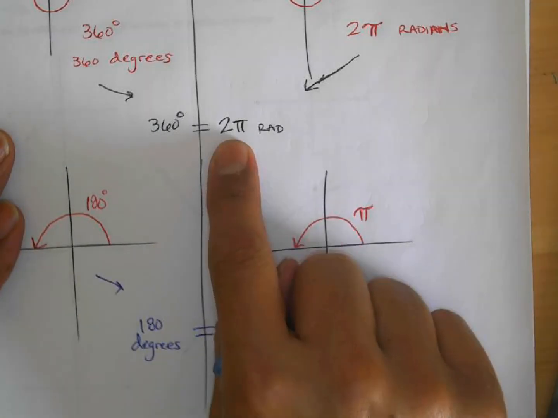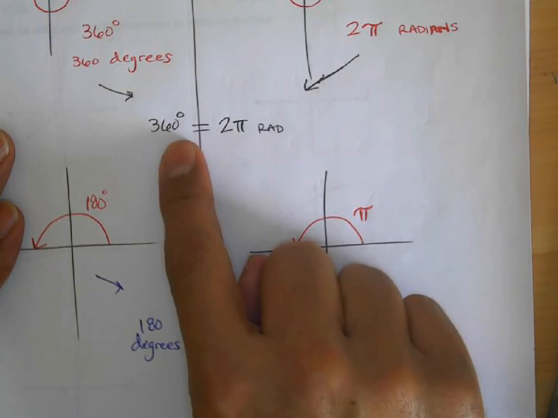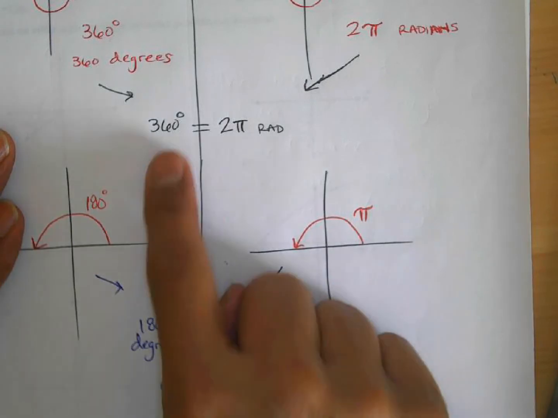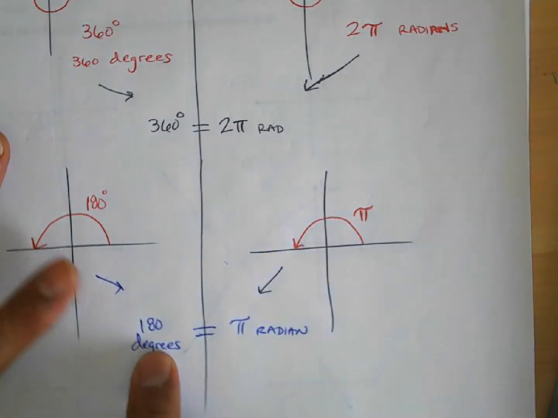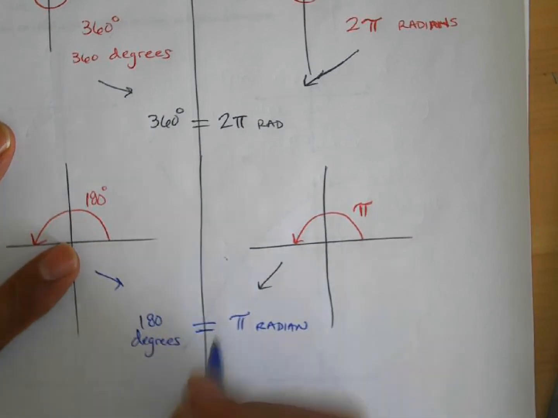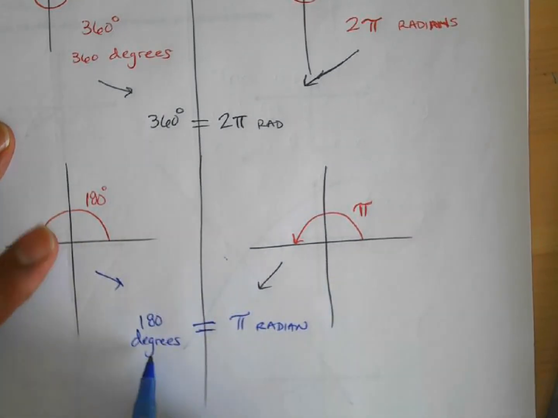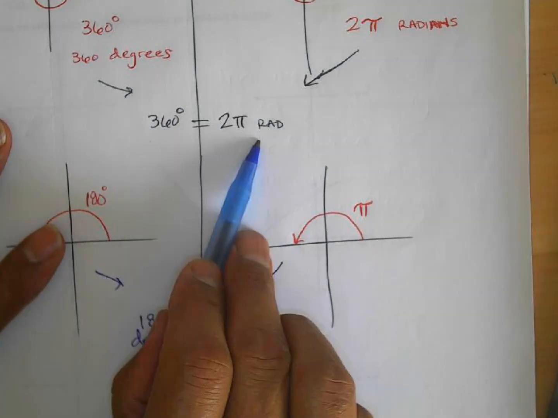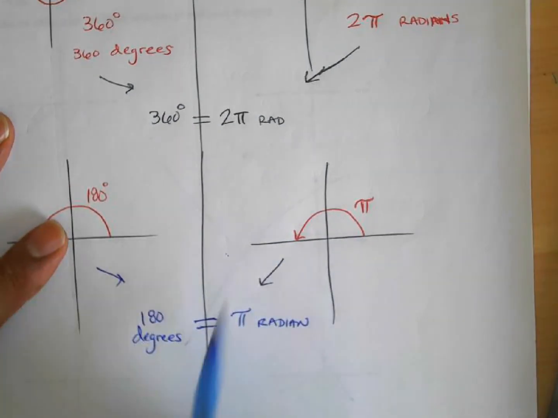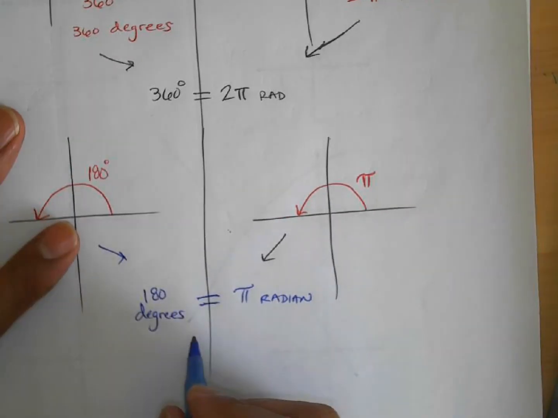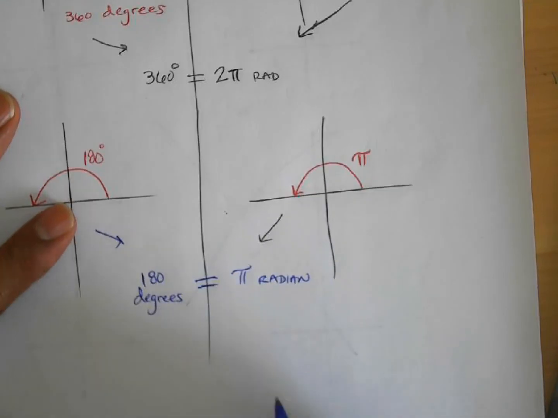Or honestly, if I divide this by 2 and divide this by 2, 2 pi divided by 2 is pi, and 360 divided by 2 is 180. So this is the relationship between these two units, between degrees and radians. You can use 360 is equivalent to 2 pi, but since you can reduce it and it's much easier to use, this is the conversion unit you're going to want to use.